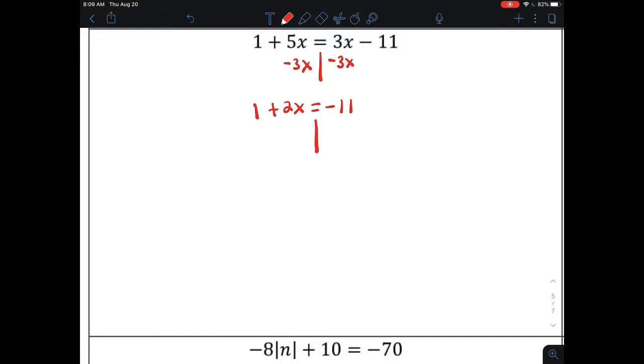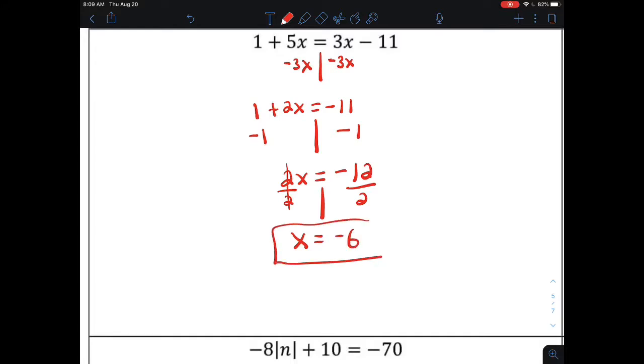So now that my x's are only on one side of the equal sign, I start moving everything else away from it. So I got to move the 1 by subtracting it. So I have 2x is equal to -11 minus 1 is -12. And now we divide by the 2 that's multiplying the x. And that's going to give me x is equal to -6.